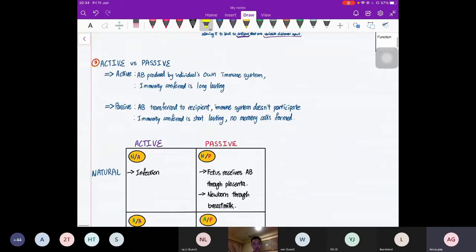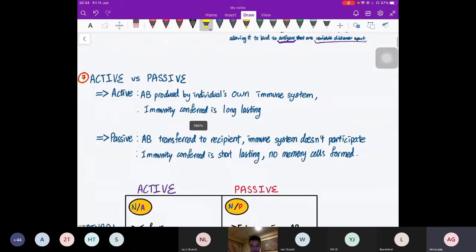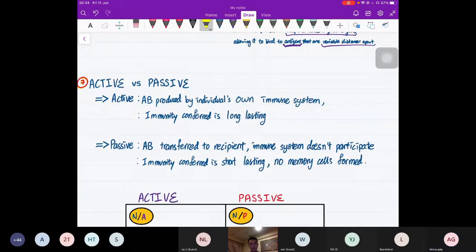Then let's talk about active versus passive and natural versus artificial. The whole idea of active versus passive is that active refers to your antibodies being produced by your own immune system. That's the difference between active and passive.